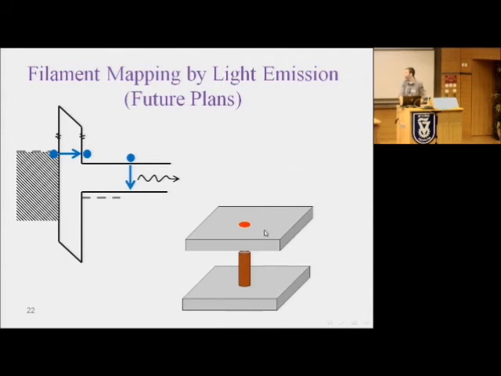These minority carriers will be injected into the semiconductor, and somewhere they will recombine with radiative recombination. So we can take an image of the light emission and make a mapping of the filaments, so we can tell whether we have a single filament or multiple filaments. We can tell their position, their density, at least with a resolution of the diffusion length of the minority carriers.